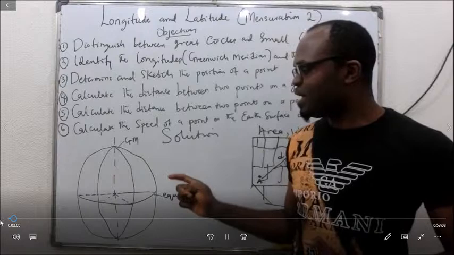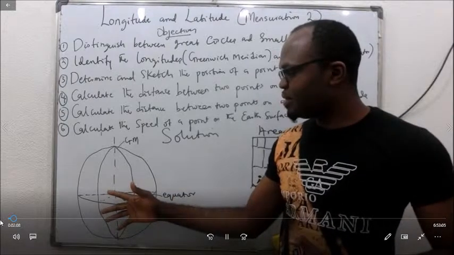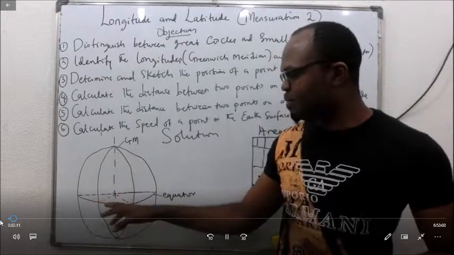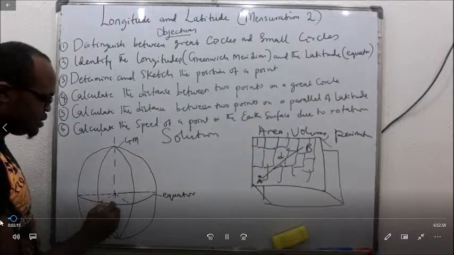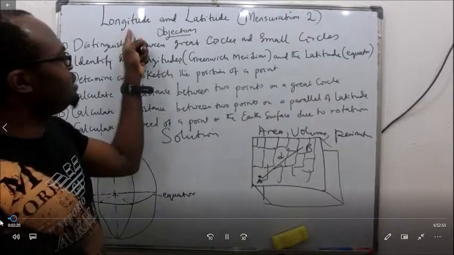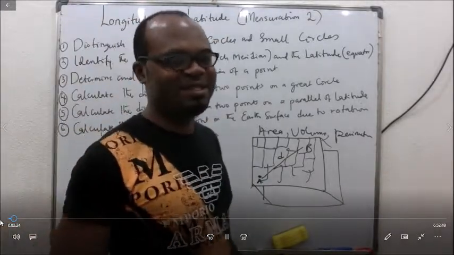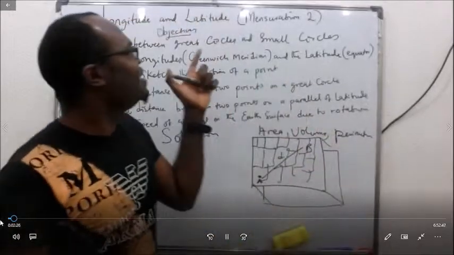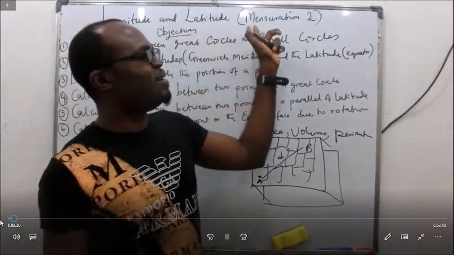So when you're talking about calculations on the Earth's surface, noting the distances between points on the Earth's surface, you use longitude and latitude. I hope you get the relationship, and that is why studying longitude and latitude is also classified under mensuration.